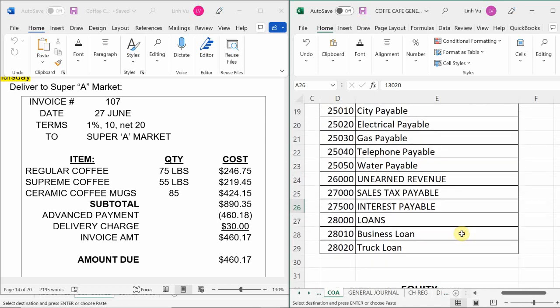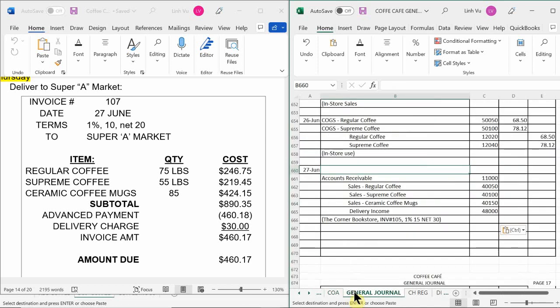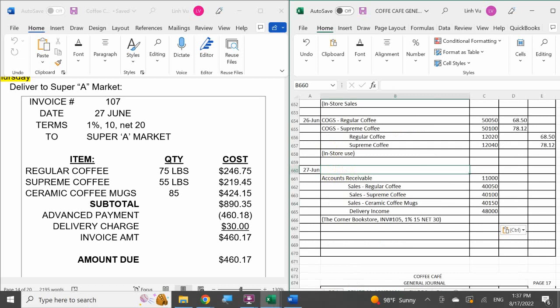Okay, unearned revenue, account number 26,000. Yes, because they gave us a down payment, or in this case, an advance payment, right?